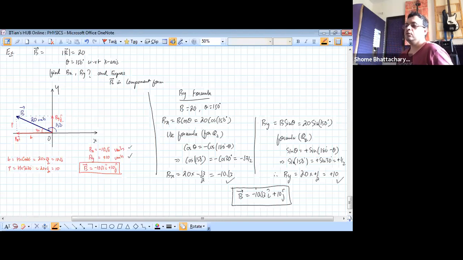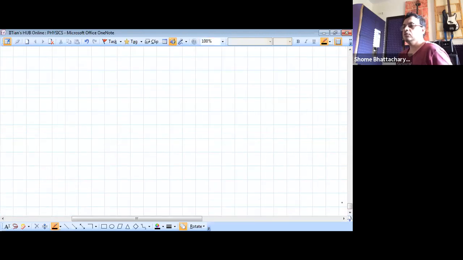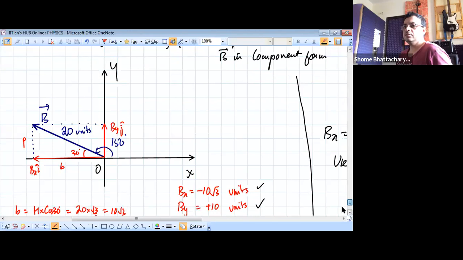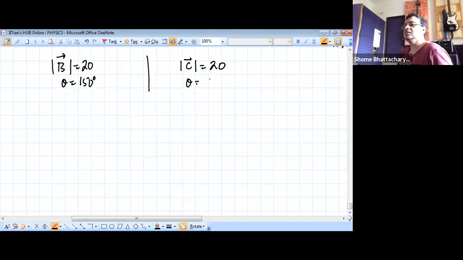So as a simple logic to understand this, for example, if I were to compare this case where my vector, what was it over here, vector B. So my vector B had a magnitude of 20 and was at theta equal to 150 degrees. Now compare this with another one where vector C is of same magnitude, but the angle it is making is 210 degrees with respect to x-axis.